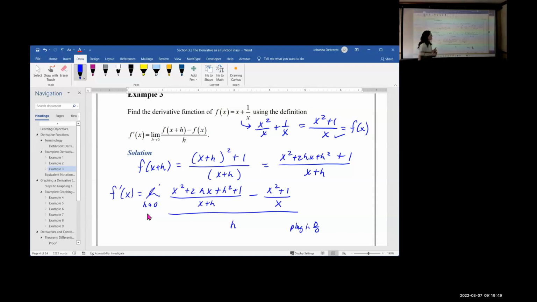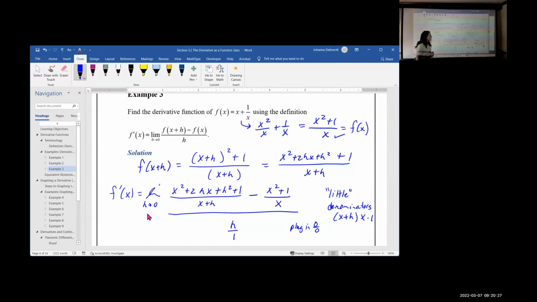So since we don't want that, we have to think of what else we can do. And probably what we should do is get rid of the complex fraction by multiplying by the lowest common denominator of all the little denominators. But in order to do that, I need to write the denominator in complex form by putting the h over a 1. So the little denominators that I have are the group x plus h, x by itself, and 1 by itself.